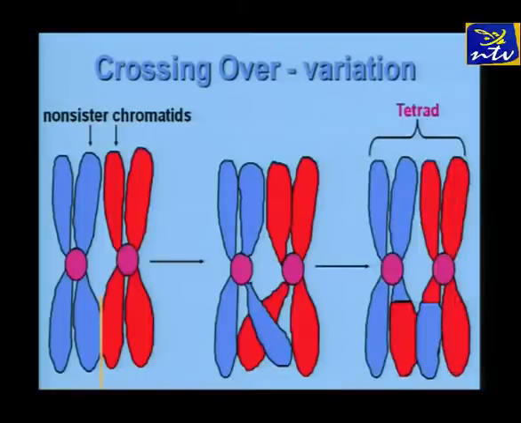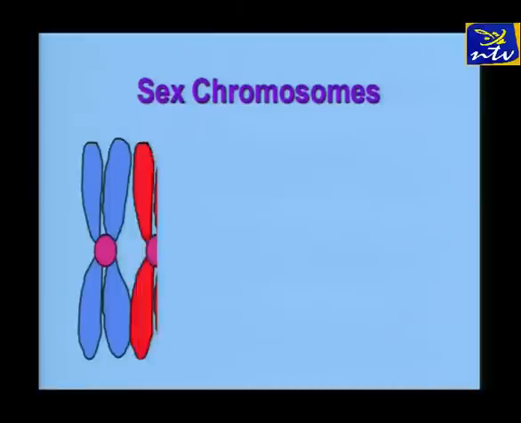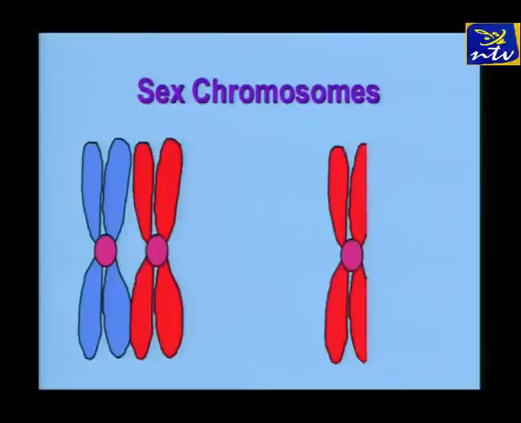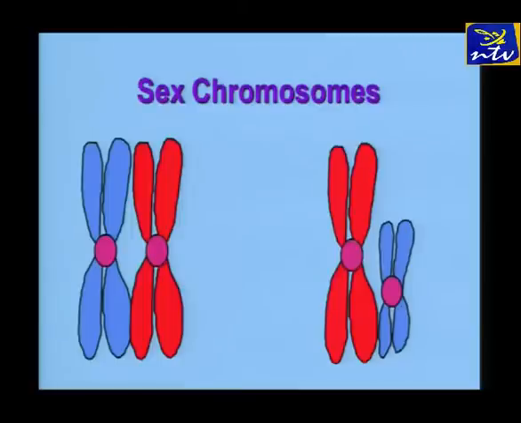See the overlapping and a tetrad formation. A tetrad means a centromere with 4 chromatids. Then comes the sex chromosomes, XX and XY chromosomes. The Y chromosome is comparatively smaller.